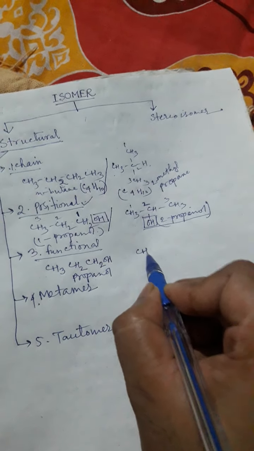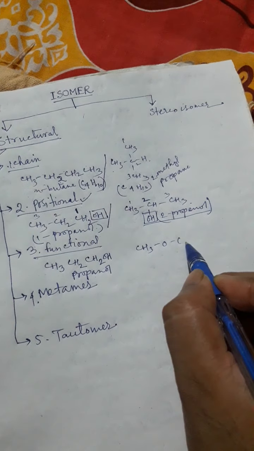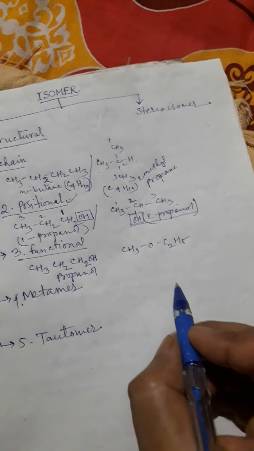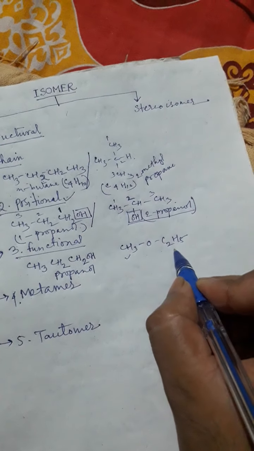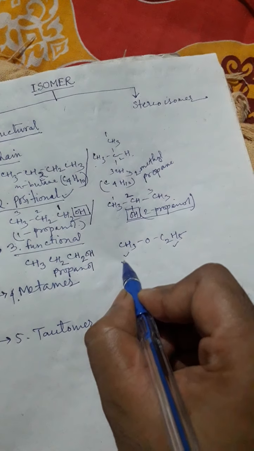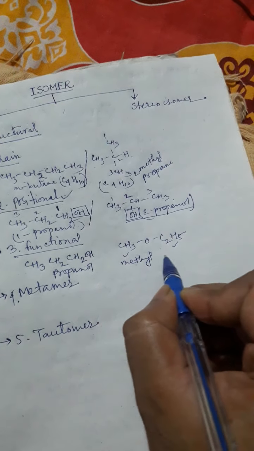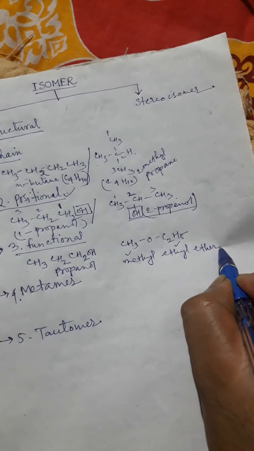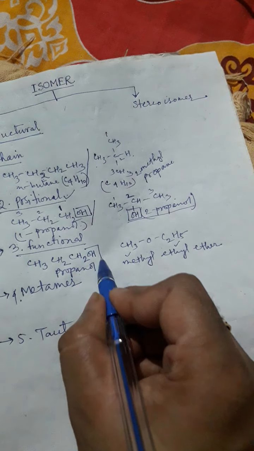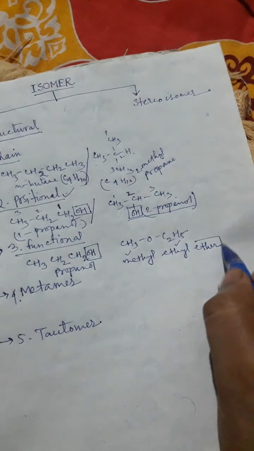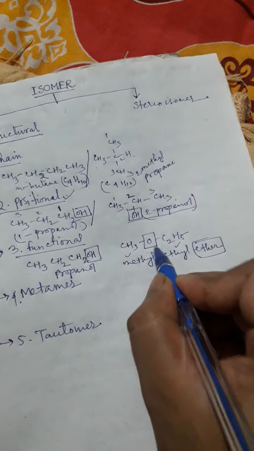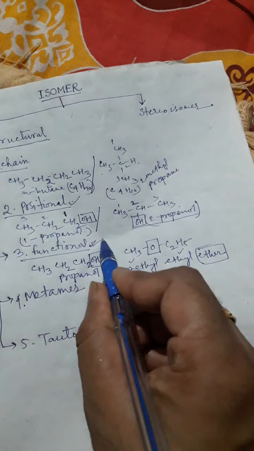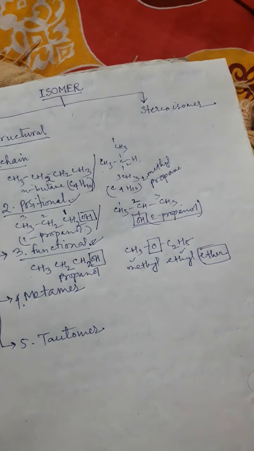If I draw CH3 O C2H5, this structure is methyl ethyl ether. Now in this propanol the functional group is OH, but in case of ether the functional group is O. So these are two different things, so the functional group is different. So this is functional isomer.